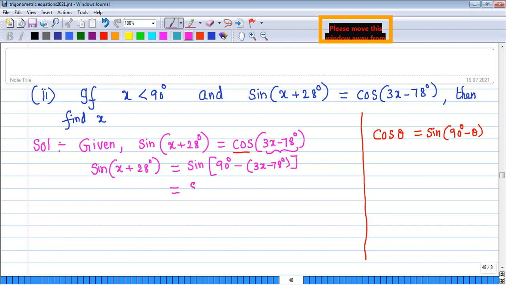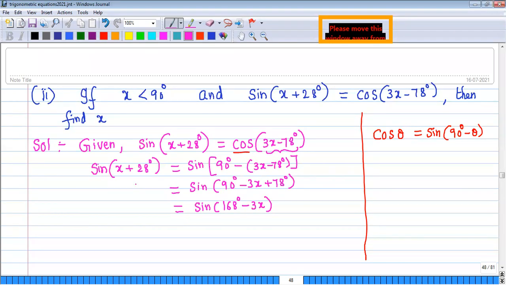So this is equal to sine of 90 degrees minus 3x, minus into minus plus 78. If you add 90 plus 78, what do you get? 168 degrees. Yes, 168 degrees minus 3x.